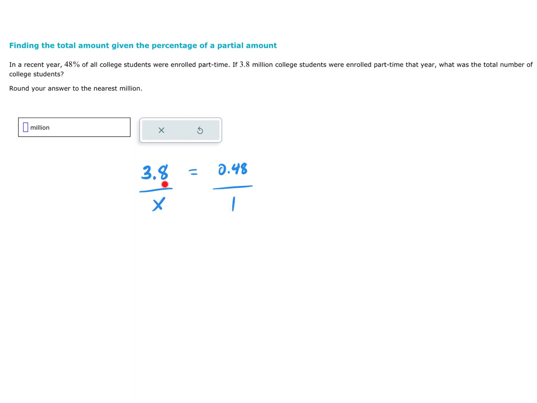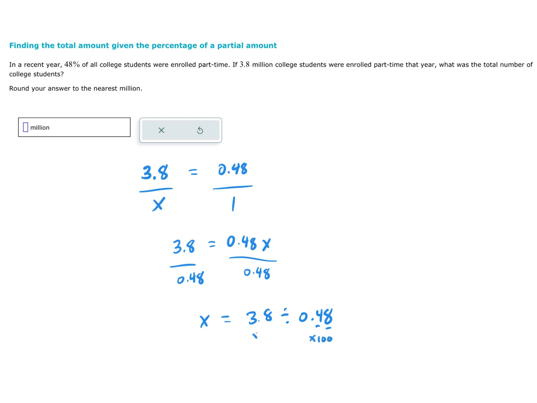Cross multiplication, 1 times 3.8 and x times 0.48. So we have 3.8 is equal to 0.48 times x. Just like before, we're going to divide by 0.48 on both sides. And we have x is equal to 3.8 divided by 0.48. This one has two digits that we're going to multiply by powers of 10 to get it to a whole number.